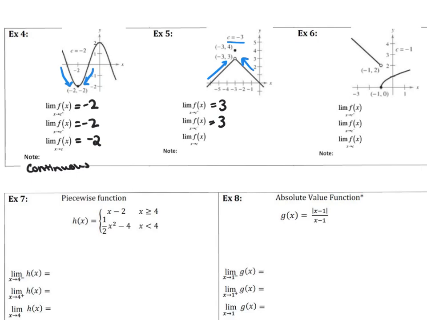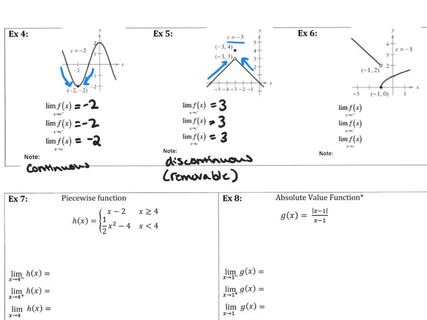And since our limit from the left is equal to our limit from the right, our limit as x approaches -3 is 3. But this function is discontinuous because there is the hole, and we can classify the discontinuity as removable. Essentially, we can fill it in.